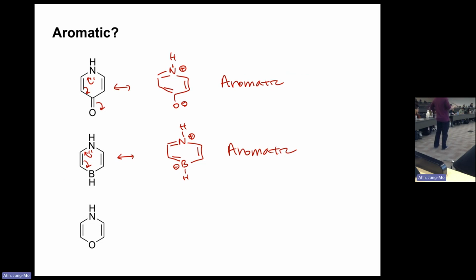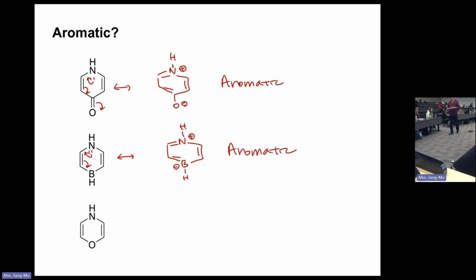So having a negative charge, now finally boron has 8 electrons, and the octet is filled. So boron can accommodate those 2 electrons without a problem. So this molecule becomes aromatic. Once again, it looks like everything becomes aromatic as soon as you push electrons in. So this is an aromatic molecule.